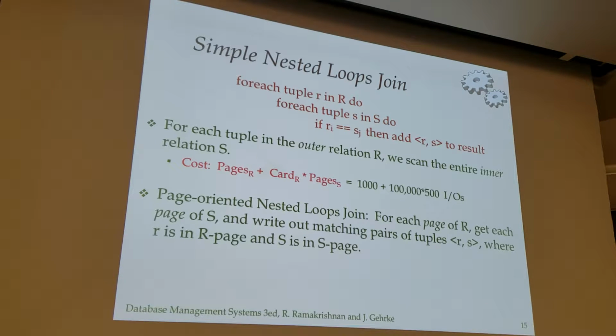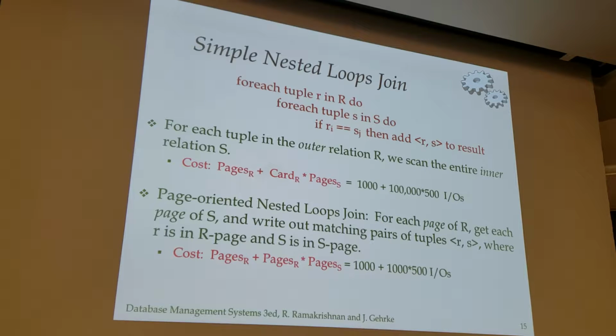And that's cleverer, just saying for each page that you have inside R, we'll loop through every page that we have in S, and basically on each page of R, we'll look at each tuple in R, and then we have a page of S, we'll look through all the tuples on that page of S, but you only have to end up touching the pages of S once per page of R. So we have to loop through the pages of R, and for each page of R, we're going to be looking at each page of S. So it's pages of R plus pages of R times pages of S, which is a lot better.